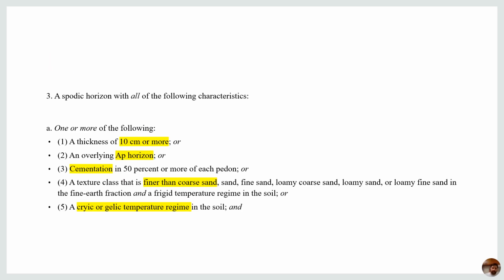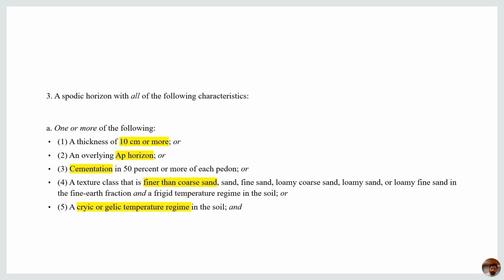To the spodic horizon, this spodic horizon also should follow some specific characteristics, okay? As we already know, a specific soil order is not the same as a specific soil diagnostic horizon.